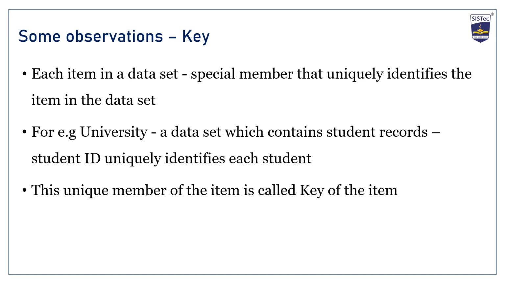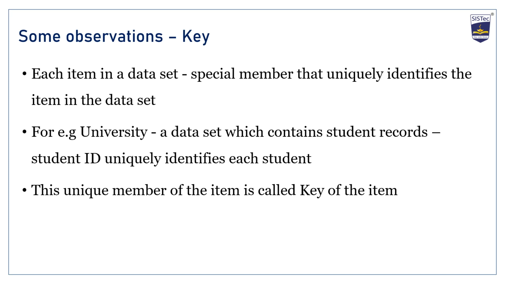That name would be unique for a particular folder. The same folder cannot have a file with the same name. Either you have to change the type, or you have to rename the file, then only can you save the two files in a single location. So each data item has a special member that uniquely identifies that data out of the data set.